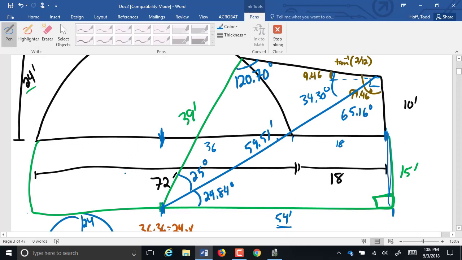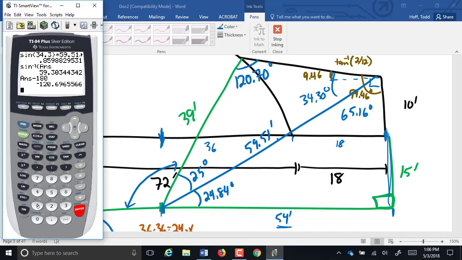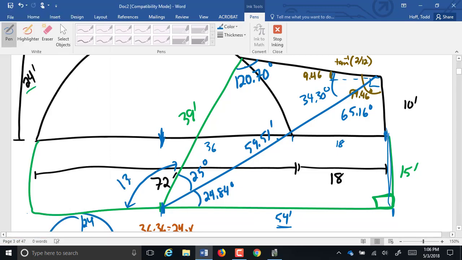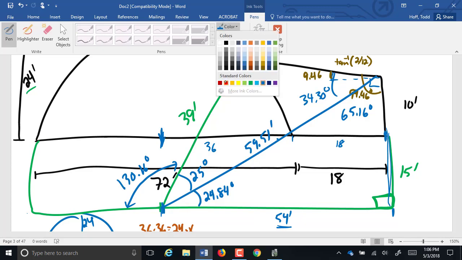Yeah, close enough. Okay, that works. So then this angle over here is of course 180 minus the 25 and minus the 24.84, giving us 130.16 degrees.